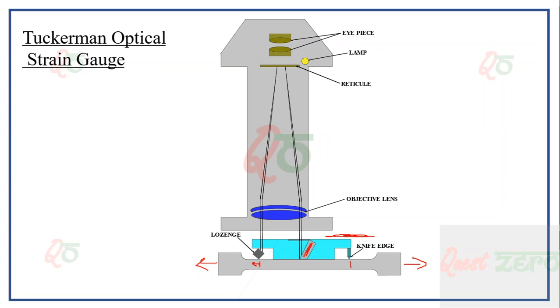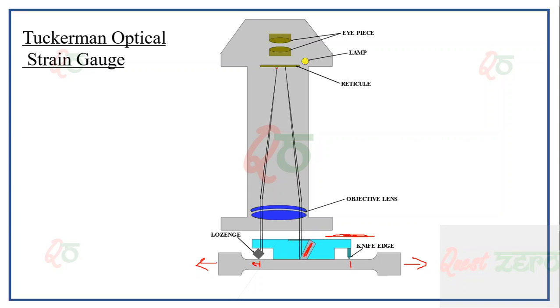It will fall on the first set of reflecting surfaces, then it will hit the lozenge, and when the specimen is under elongation or load, the deformation that has taken place will make the lozenge rotate at an axis which is perpendicular to the test specimen axis. Because of the rotation of the lozenge, the reflected light rays will not fall on the same point as they were falling before the deformation or elongation.